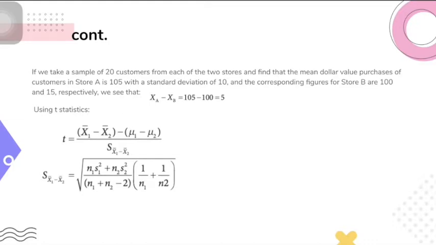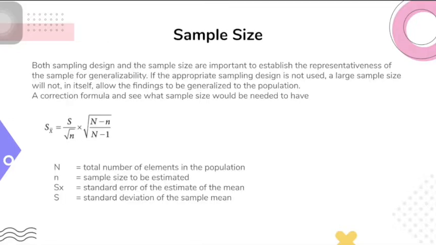Sample data can thus be used not only for estimating the population parameters, but also for testing hypotheses about population values, population correlation, and so forth. So both sampling design and the sample size are important to establish the representativeness of the sample for generalizability.